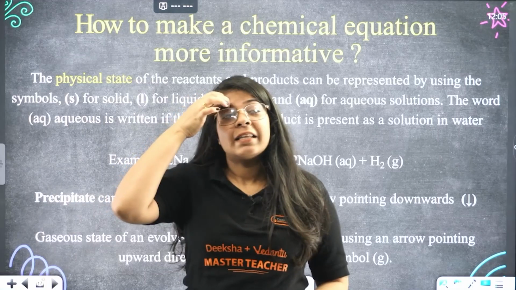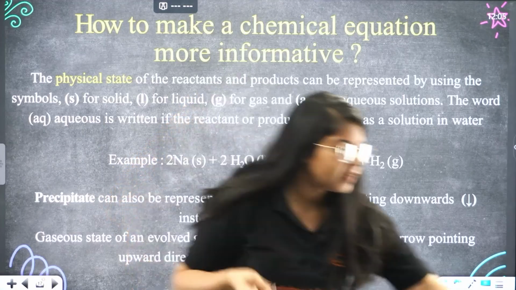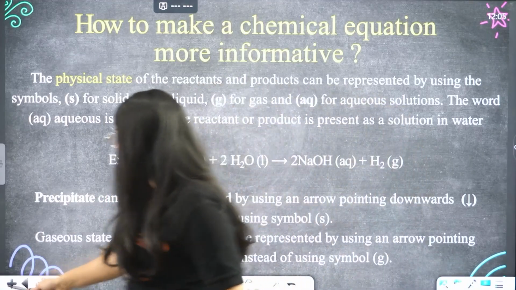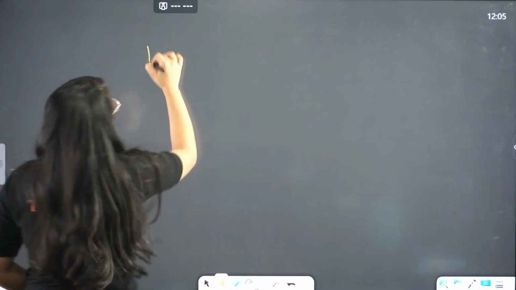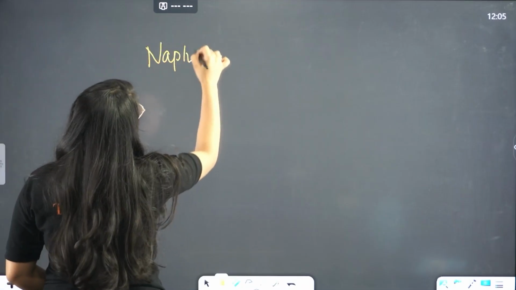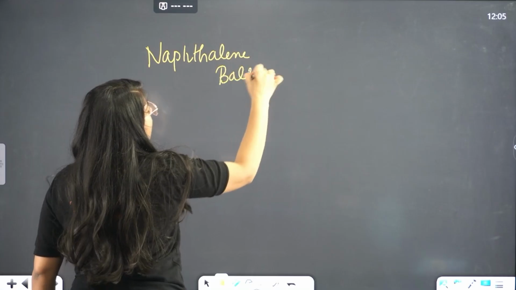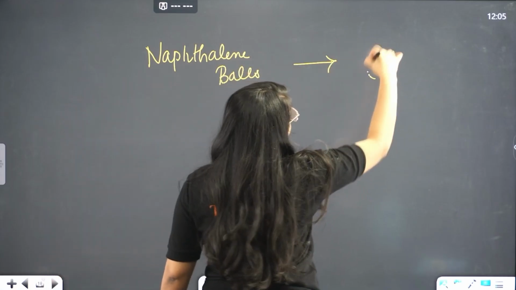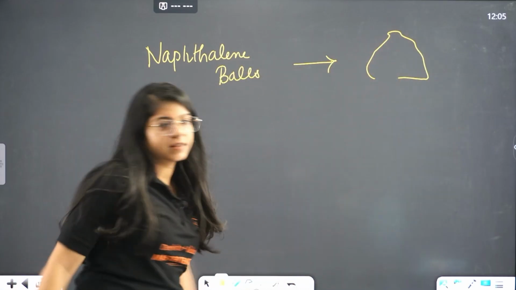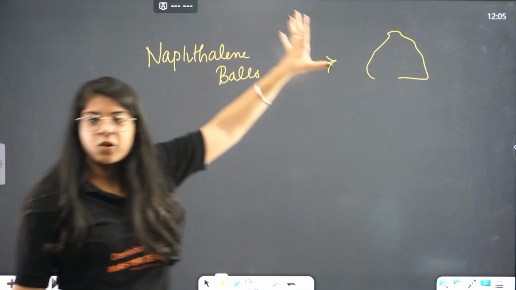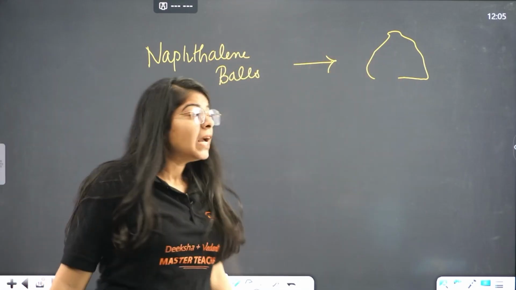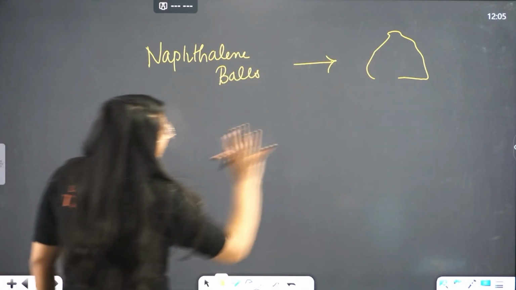When I write that naphthalene balls got converted into air, they are empty, they're gone, bye bye. Now what happened here?